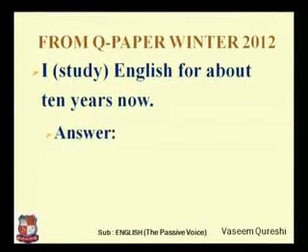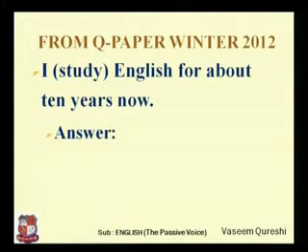"I (blank) English for about 10 years now." In brackets, the verb "study" is given. Now when you look at "now," it looks like a keyword for present continuous tense, but "for" with a time frame indicates present perfect continuous tense. For about 10 years, I have been teaching English to different students in different colleges.